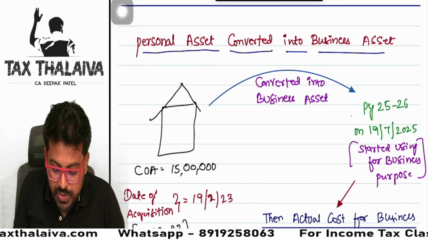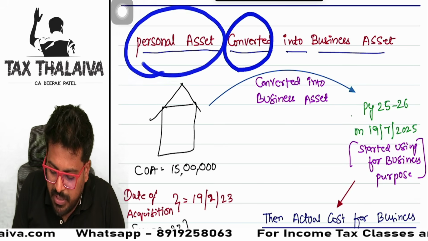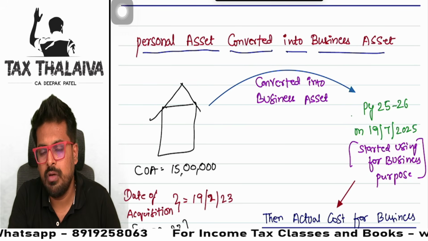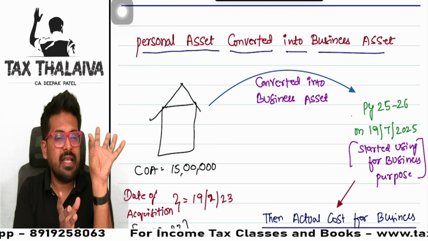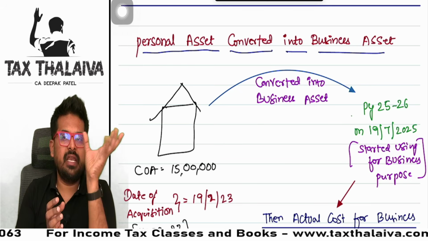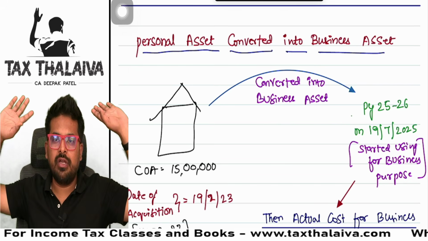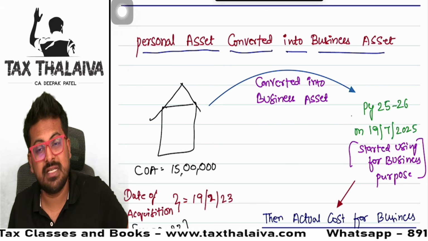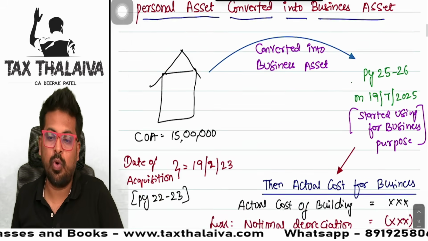There may be some scenarios where a personal asset is converted into a business asset. A lot of times the assessee will convert his personal asset into a business asset. Let's say there is your own building which you are using for residence purpose. Suddenly you thought, why not use this asset for my business purpose? In that case, what will happen?